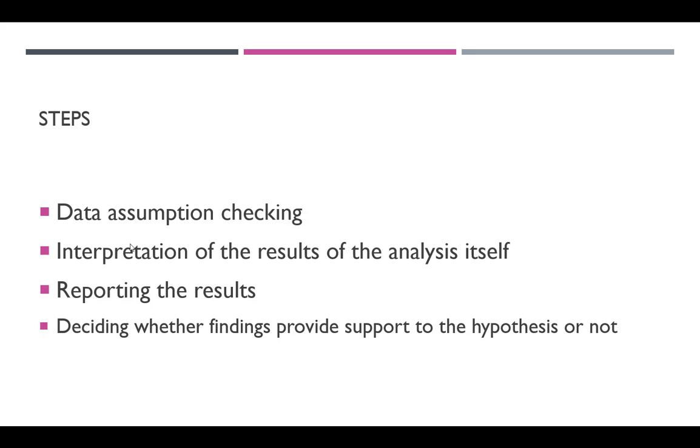But I tend to look at the data assumption checking first, think about whether it looks like my data is behaving in the right way, so that when I actually interpret the output proper, I know whether I should be relatively confident with that or not. And then if I need to make any changes, so if I find the data behaving in a slightly different way than I'd anticipated, then I would rerun the analysis and compare this second approach to my original approach and see what the differences are.